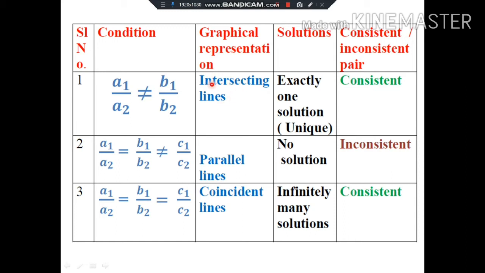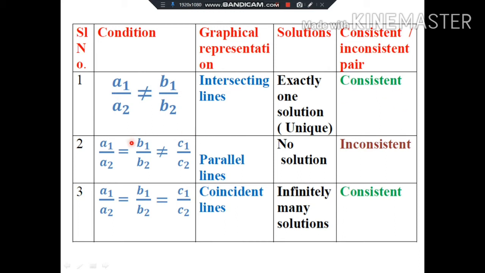So when two lines intersect, they will have only one intersecting point. That is, exactly one solution will be there. Under this condition, a1 by a2 is not equal to b1 by b2, the lines will intersect each other. It will have only one point, a unique solution will be there. So we can call it consistent equations. Then the equations are called consistent.